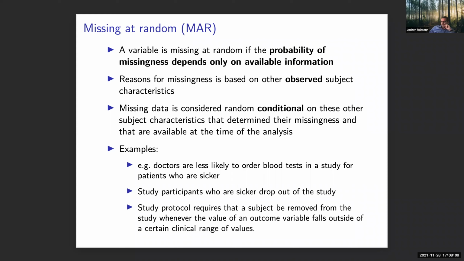So doctors are less likely to order blood tests in a study for patients who are sicker. In many cases, I would rather say in observational data, it's the other way around, because you will see patients that are about to get hospitalized or who, based on their clinical characteristics and clinical profile, are actually sicker, are more likely to receive more blood tests, more assessment, and higher frequency visits.